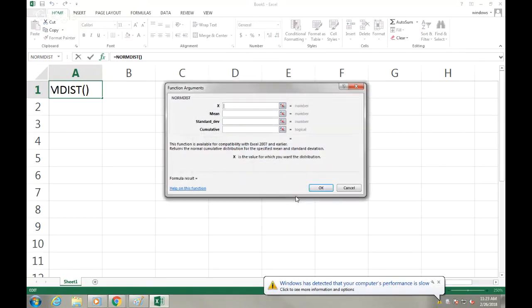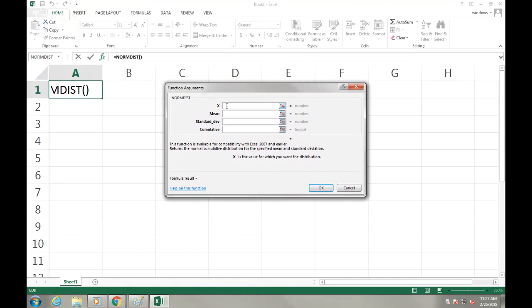So I click on that. And now I've got to give it, first of all, the X. Well, the X is the value of the variable that I'm looking for. It's not my mean. It's that 30, that boundary value. My mean was 54, was it? I believe so. Yes, 54. My standard deviation was 8.